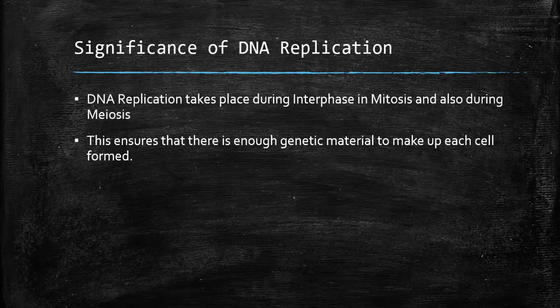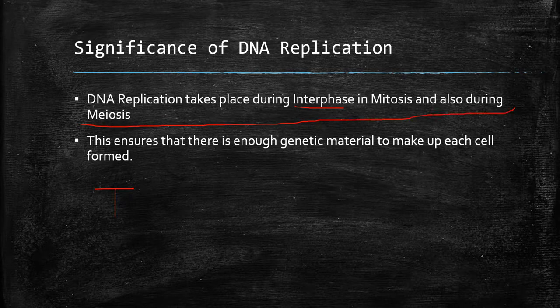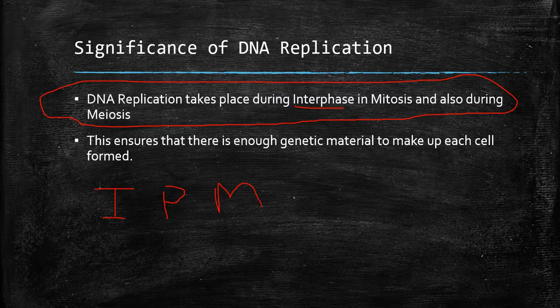Alright, now the significance of DNA replication. DNA replication takes place during interphase of mitosis. Now I'm not quite sure if you remember the entire process of mitosis, but it's not going to be examined, but it's quite important that you remember this point. The processes of mitosis, if you remember them as IPMAT: interphase, prophase, metaphase, anaphase, and telophase.